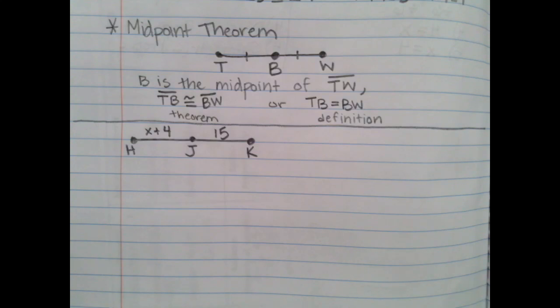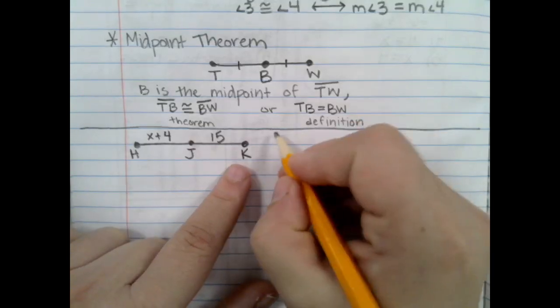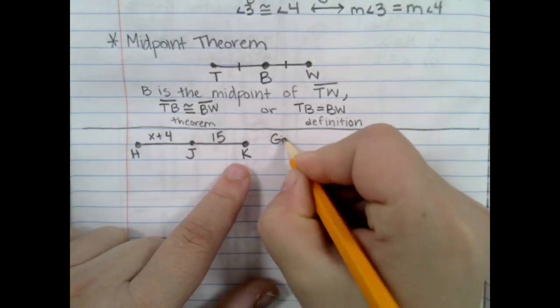Yesterday we talked a little bit about if-then statements. The if part is the given. The then part is the conclusion. Another way that proofs can be set up is they can tell you a given, and they just write out given.